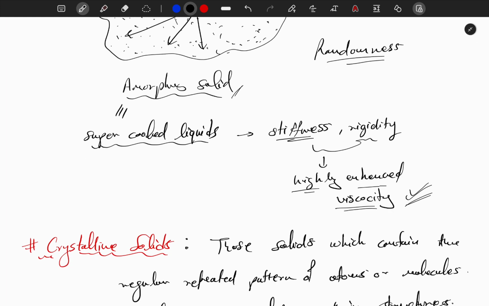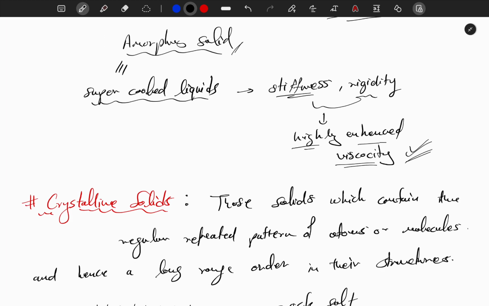So on average the behavior is the same in all directions.